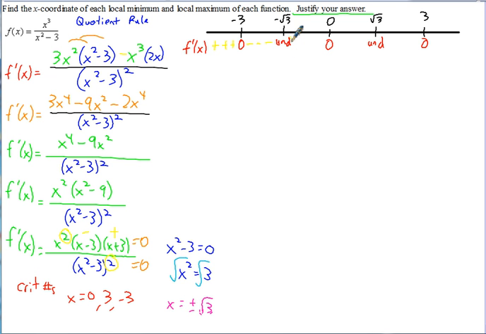Between negative square root of 3 and 0, you can test negative 1. Negative 1 minus 3 is negative. Negative 1 plus 3 is positive. Negative times positive, negative. Between 0 and square root of 3, you can test 1. 1 minus 3 is negative. 1 plus 3 positive. Negative times a positive is negative.